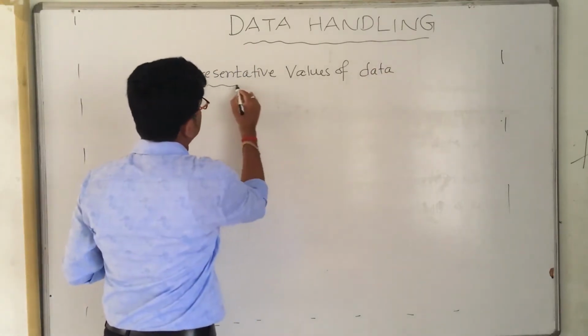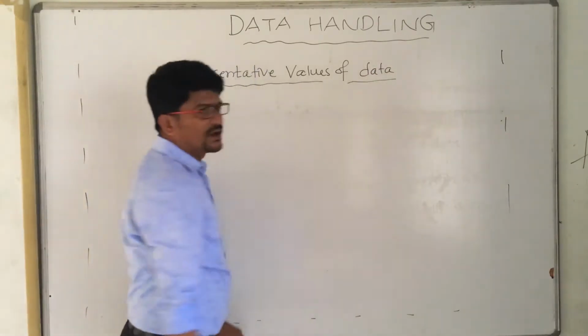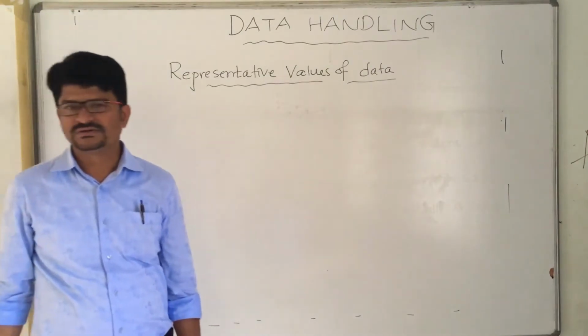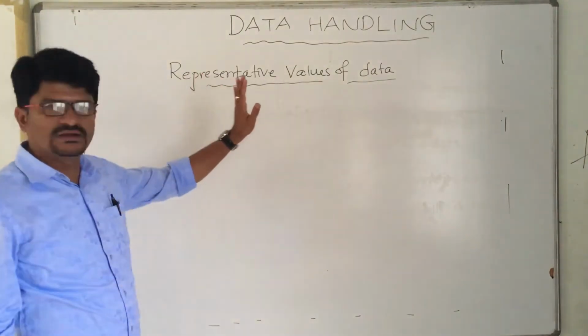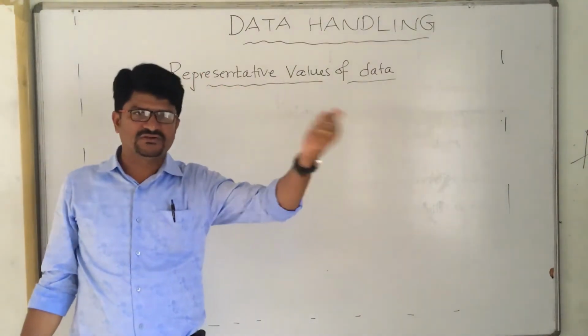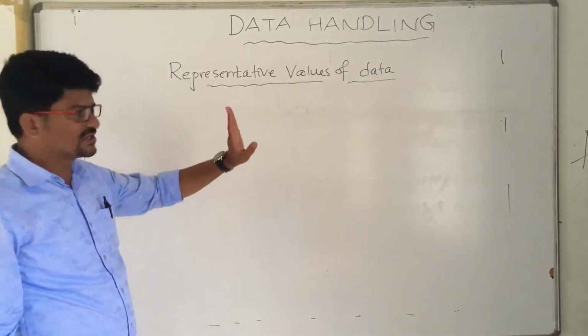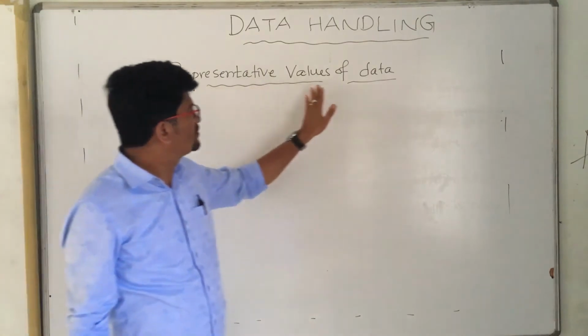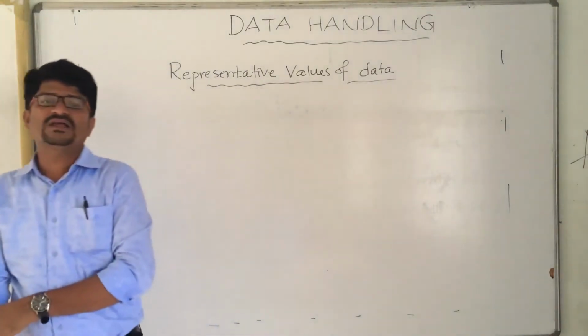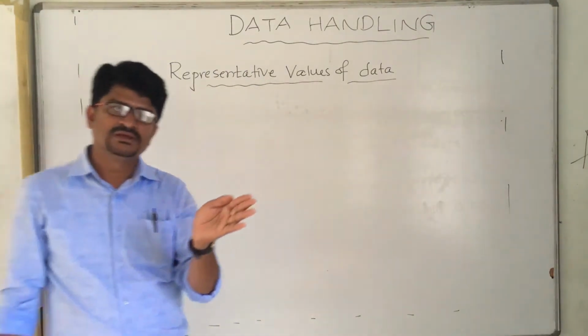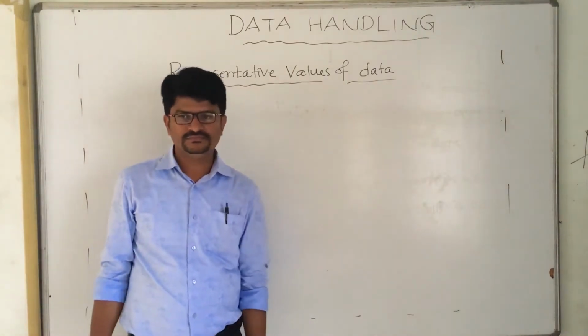Is it clear, children? What are the representative values? Actually, we have already learned data in the last classes, and some pictures also. But here, representative values of data. What values come under the representation of data?